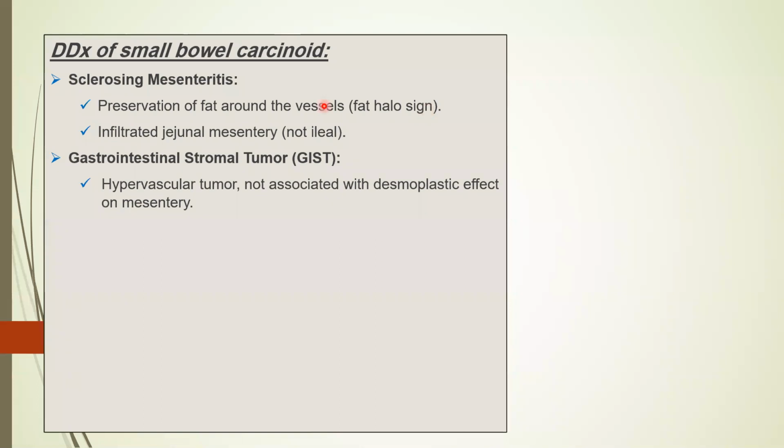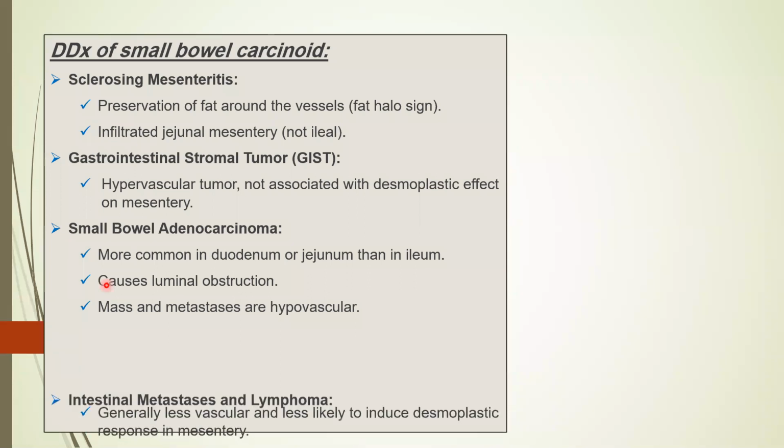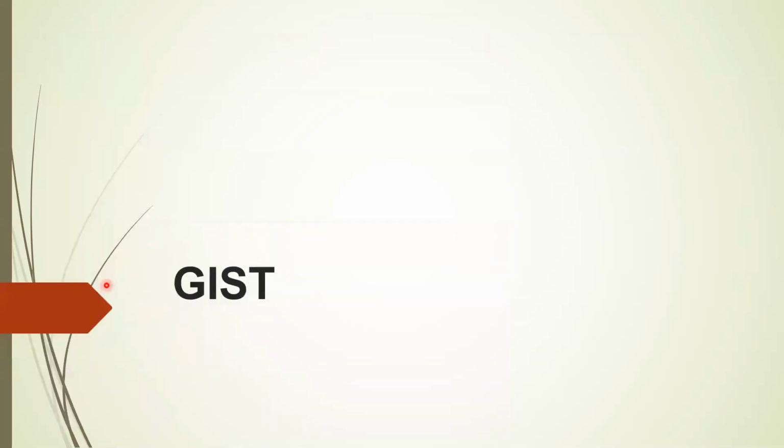And we have also GIST and small bowel adenocarcinoma. Metastasis and lymphoma also may be included in the differential diagnosis.